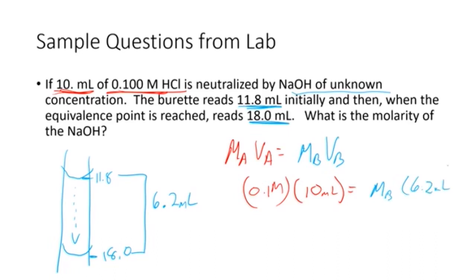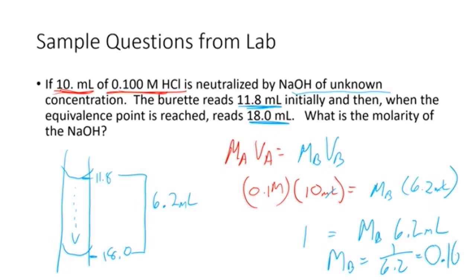Now again, because milliliters are on both sides, they'll cancel. So that's fine. Then 0.1 times 10 is 1, and that'll equal the MB times 6.2 milliliters. And so MB equals 1 over 6.2, which, if I divide by 6.2, is 0.16. So the molarity of my base was 0.16 molar. And that's how you figure that out.